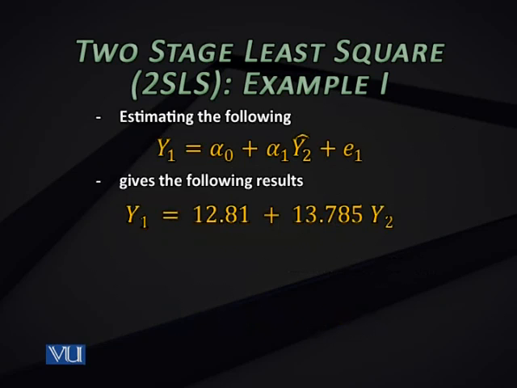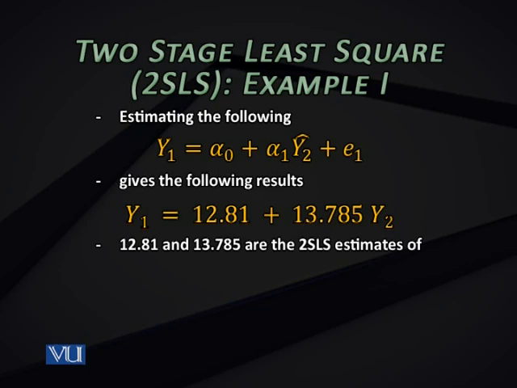You can get an equation y1 is equal to 12.81 plus 13.785 y2. So this 13.785 is the 2SLS estimate for alpha 1. If you just regress y1 on y2, you will get different estimates. In this case, you have 12.81 and 13.785 as the two-stage least squares estimates of this first over-identified equation.